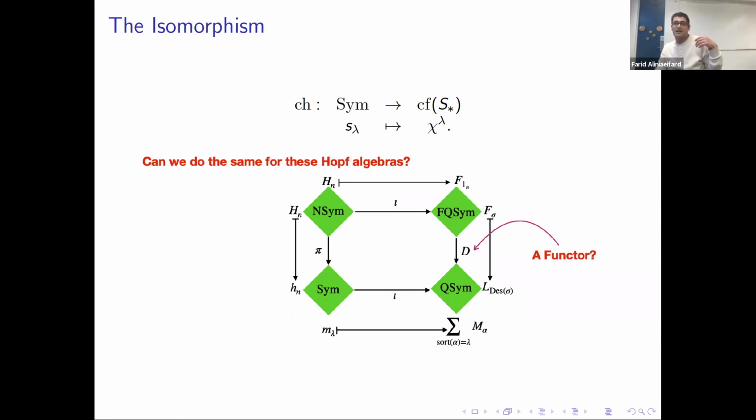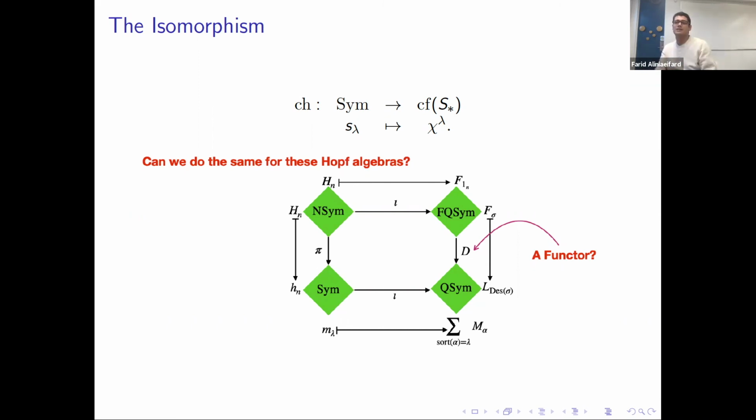And I show that for the Malvenuto-Reutenauer Hopf algebra, we can do this. We can find a tower of groups and construct a Hopf algebra of supercharacter functions of it that is isomorphic to the Malvenuto-Reutenauer Hopf algebra.